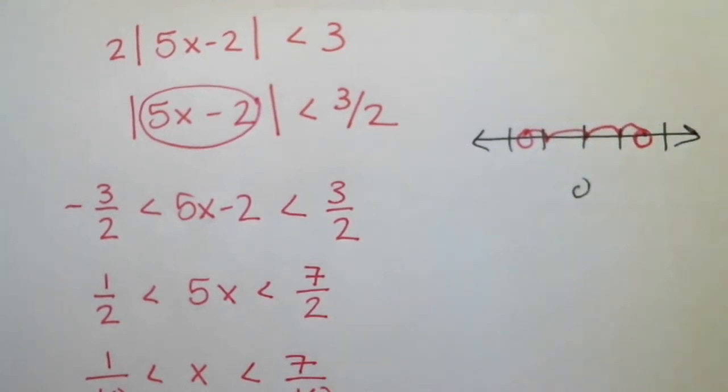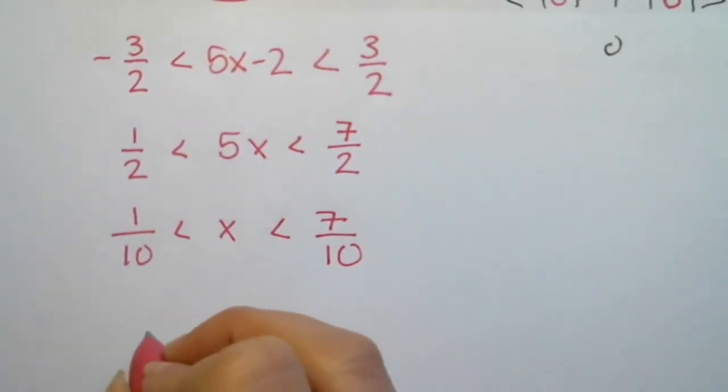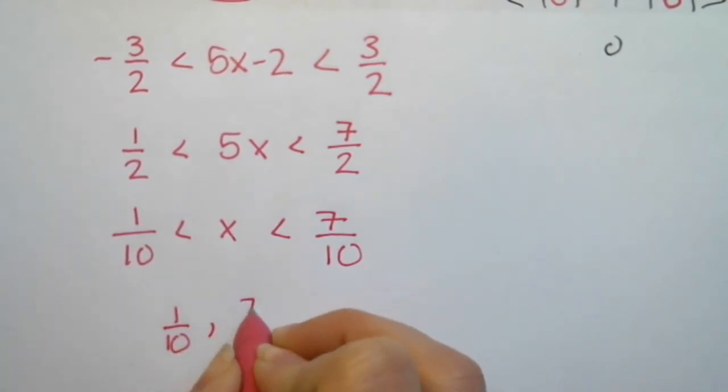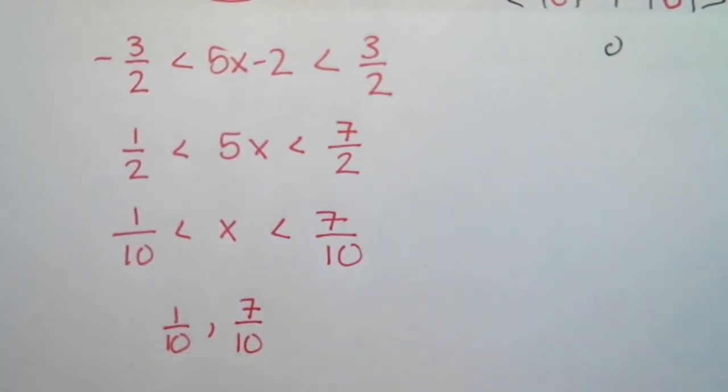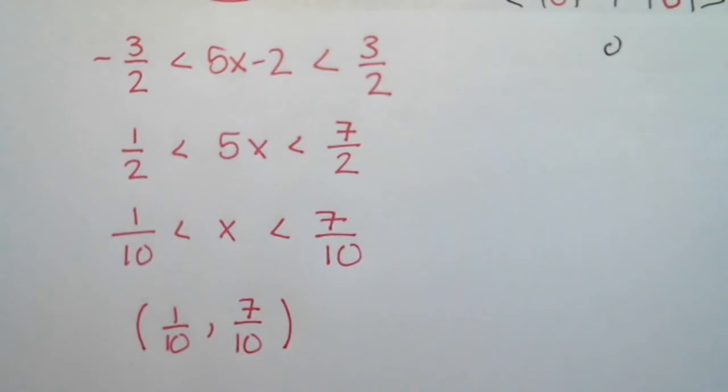And now I'm going to write my answer as an interval. So my left endpoint is 1/10. My right endpoint is 7/10. And because I have less than and not less than or equal to, I'm going to use parentheses.